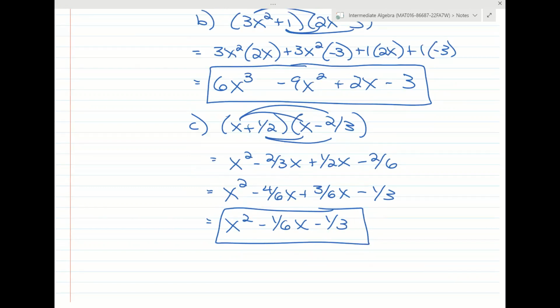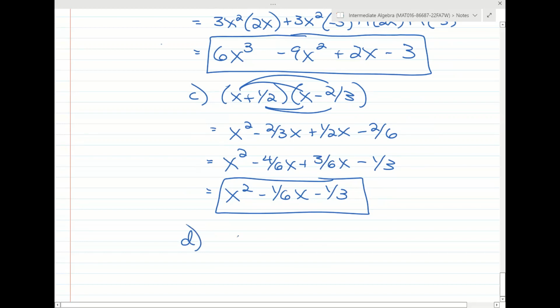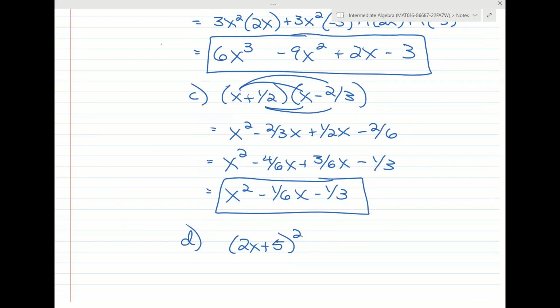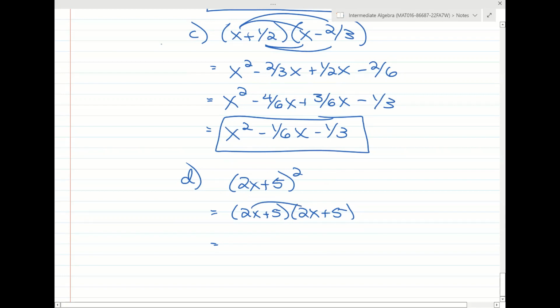And then just a couple more here. 2x plus 5 to the second power. Remember what I told you, please don't distribute that power. What we have to do is just multiply it twice. So we're going to do 2x plus 5 times 2x plus 5. First terms would be 2x times 2x. Then 2x times 5.